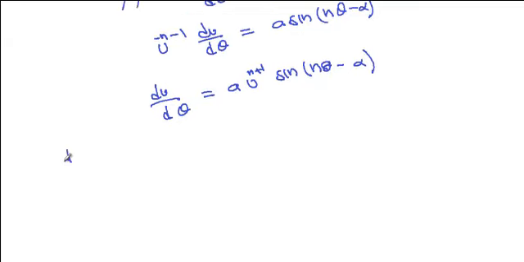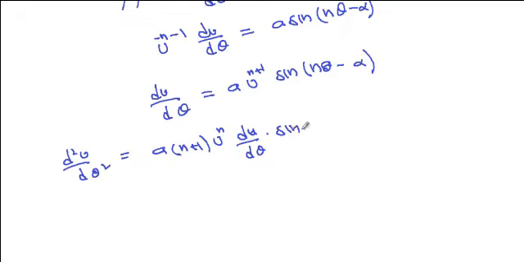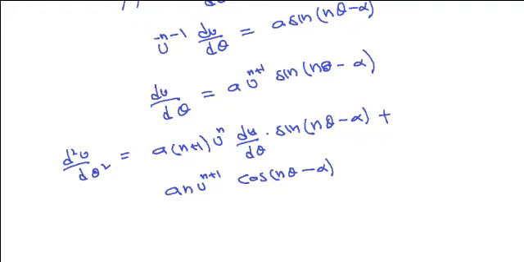Now take the second derivative, d²u/dθ². By the chain rule, we take the derivative of the first term, A u^(n+1), which will be (n+1) u^n du/dθ, and the second term stays as it is, sin(nθ − α), plus the first term as it is, A u^(n+1), and the derivative of the second term, cos(nθ − α) into n, which we wrote earlier.